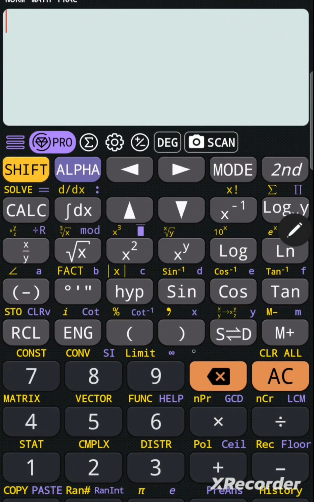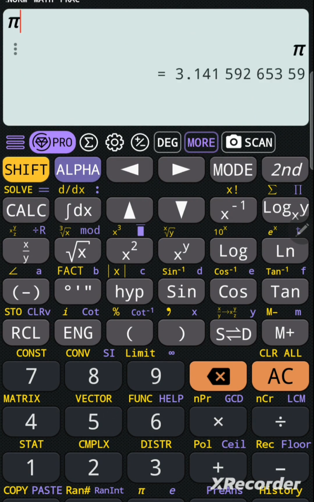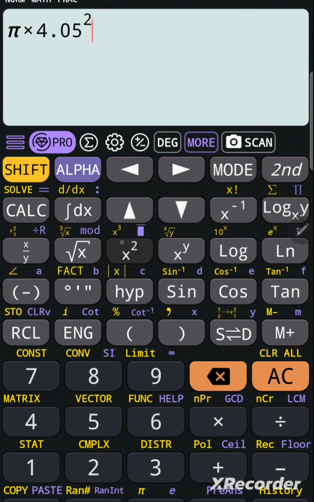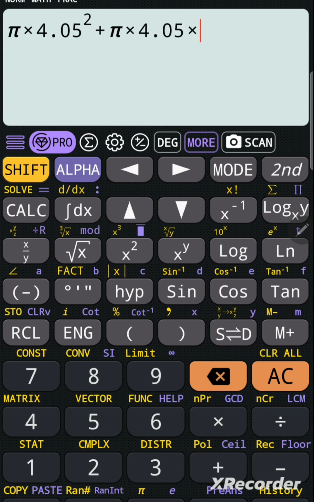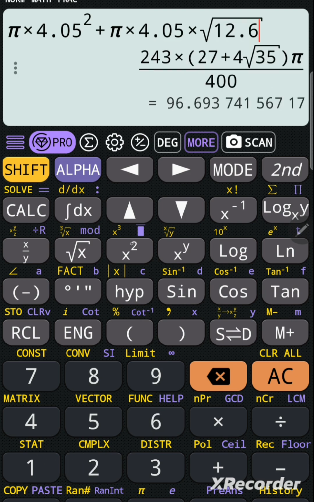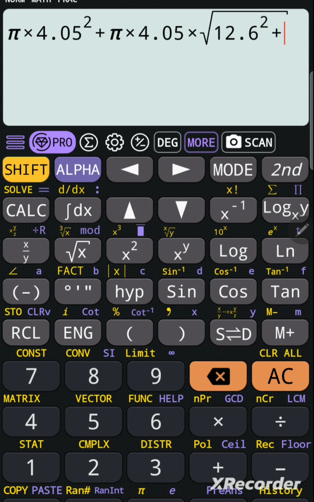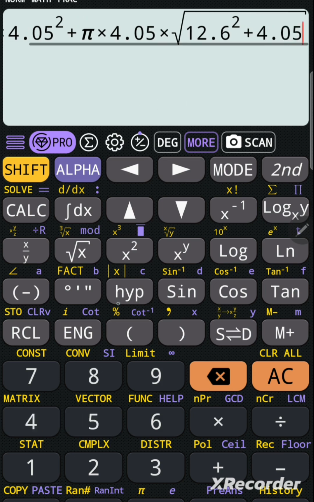So we are going to have pi multiplied by 4.05 squared, plus pi times 4.05, times our slant height, which is the square root of 12.6 squared plus 4.05 squared.